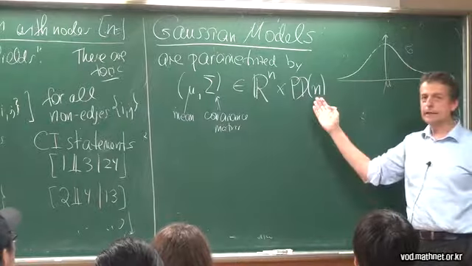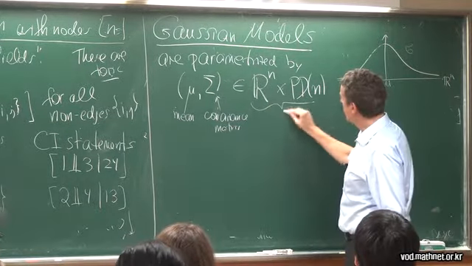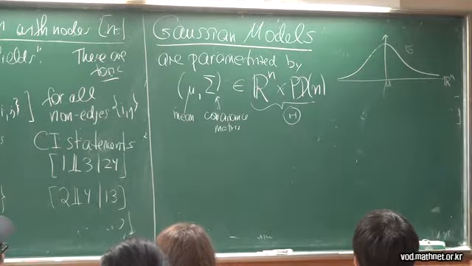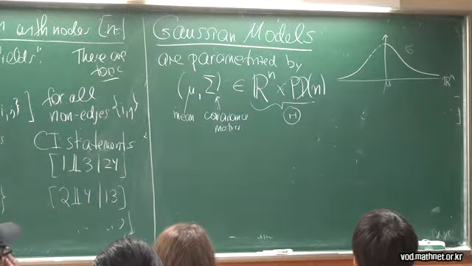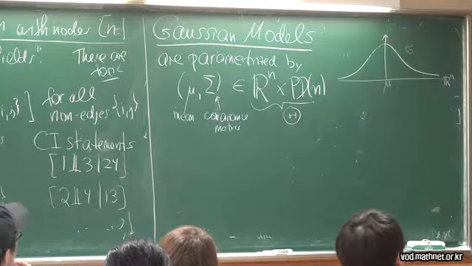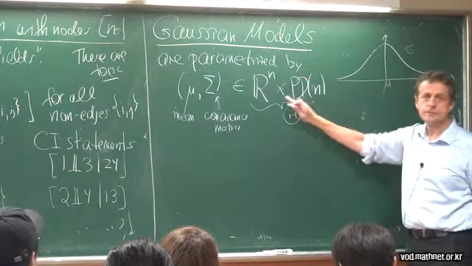This is theta. This is the parameter space Theta for all Gaussian models. So in the wiki definition of statistical model, this is a statistical model, right? It's a family of probability distributions parameterized by some parameter space capital Theta, namely this product space.